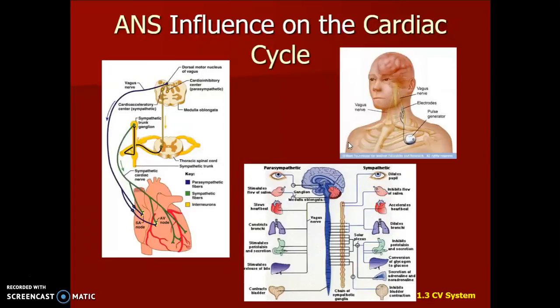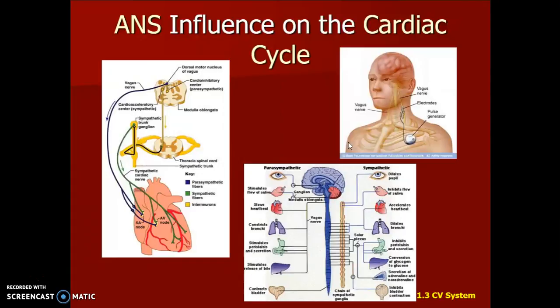The cardiac control system is a part of the brain. It's found in the medulla oblongata.